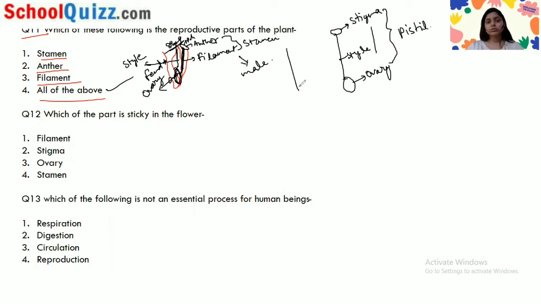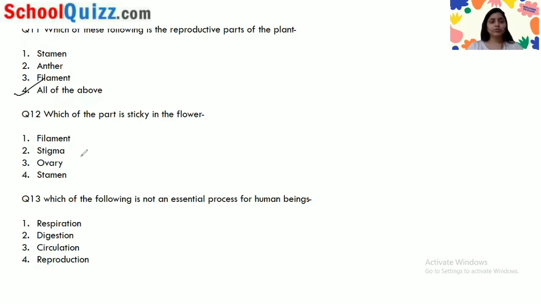Now this is the filament, and this is the anther, and together it is called the stamen, the male reproductive part. So these are the main reproductive parts of the plant. The answer is all of the above.